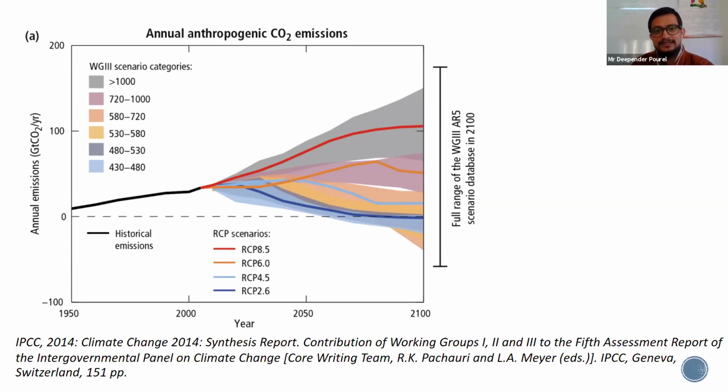Under different scenarios, the scientists already claim that we are beyond the 2 degrees that was set as per the Paris Agreement. So there has to be something to decouple: the way we are consuming, the way we are using energy, the way we are using resources, to get back our old earth.